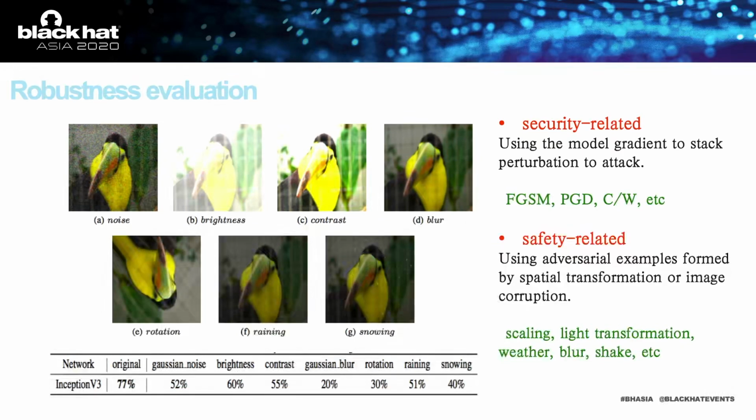The second is more targeted. The human eye is less likely to detect it, and it relies more on white box attacks. It is very difficult for an attacker to obtain model parameters, so the safety-related robustness test is more practical.